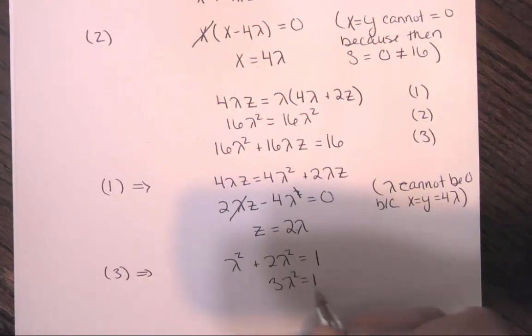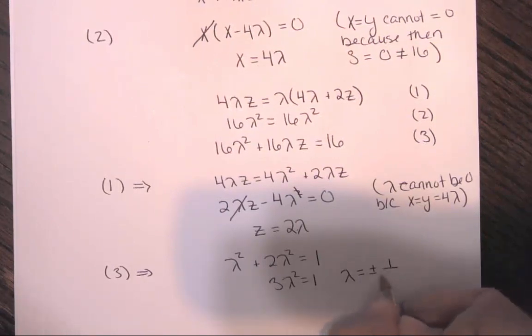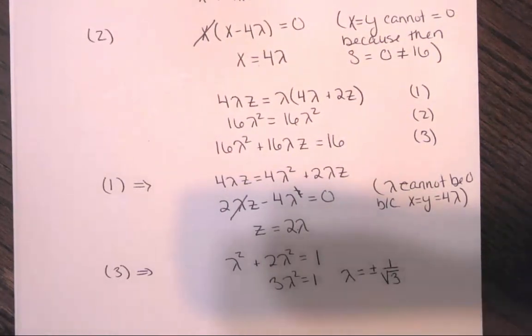Lambda squared equals 1, meaning lambda is plus or minus 1 divided by the square root of 3.